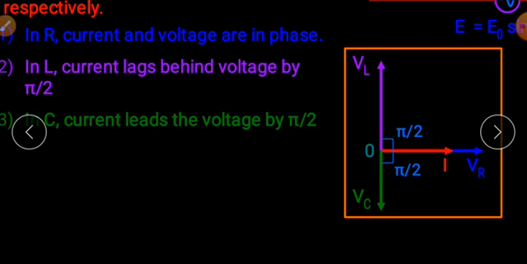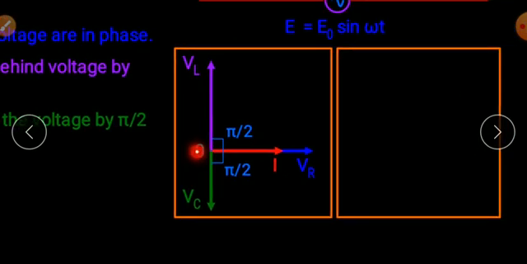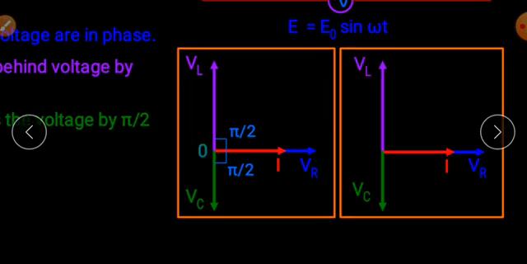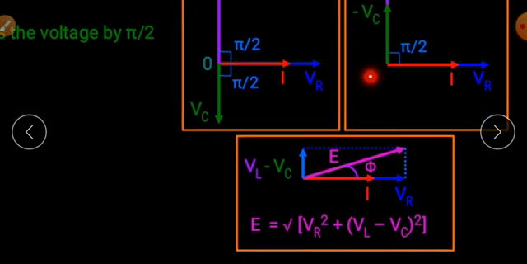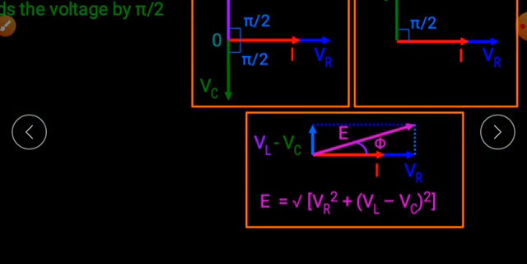So the net reactive voltage is VL minus VC, assuming that VL is greater than VC. This is VL minus VC.